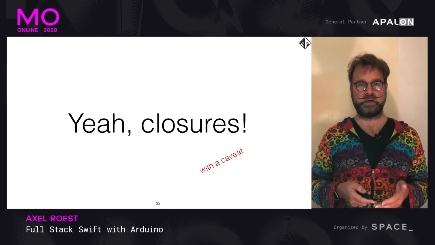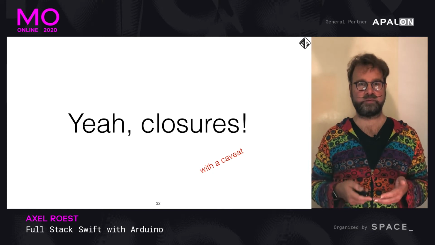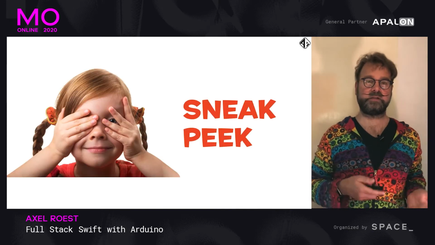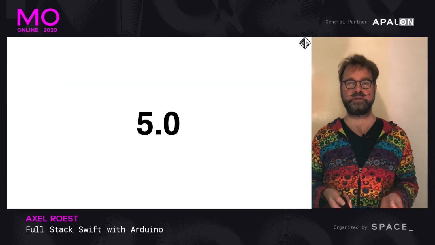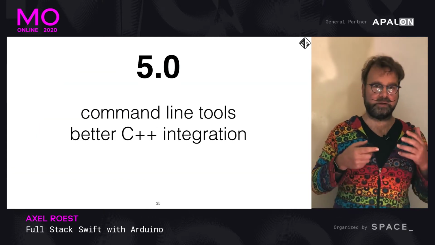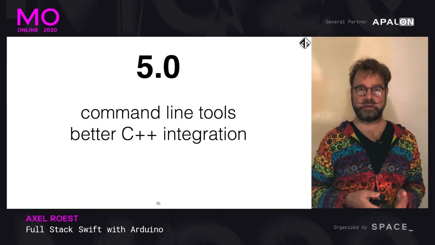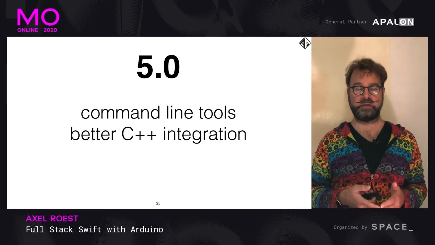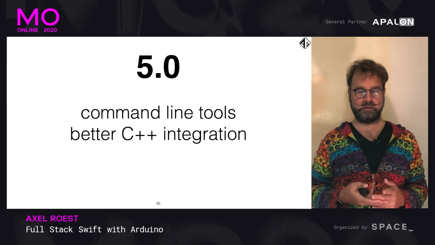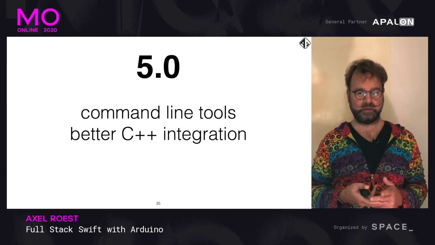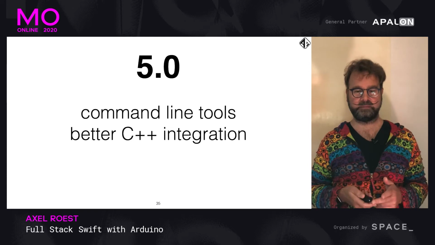So up till now, I talked about Swift for Arduino version 4.1. Let's have a little sneak peek at what the next version will bring. The next version is 5.0, and we'll try to have better command line tools. So we will have command line tools for compiling, for uploading, and for the application.